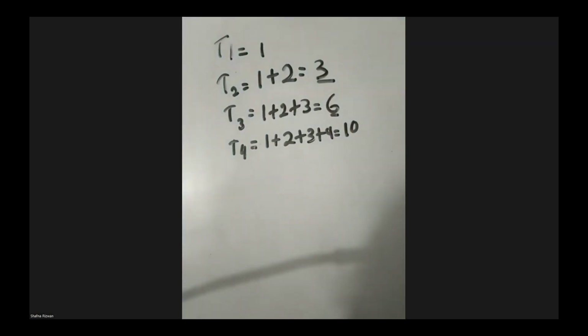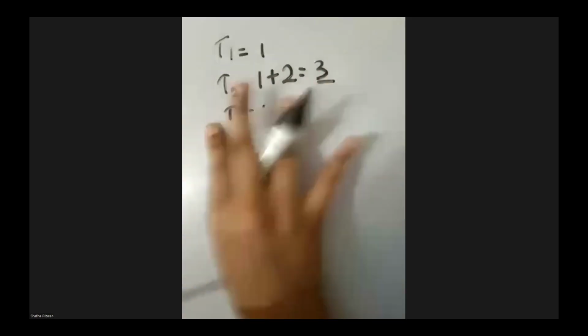Now 55, how can you get the triangular number? 55 is which triangular number? What is triangular number 55?